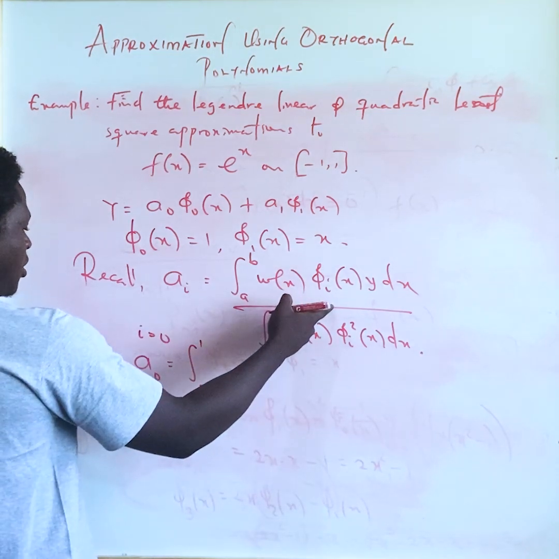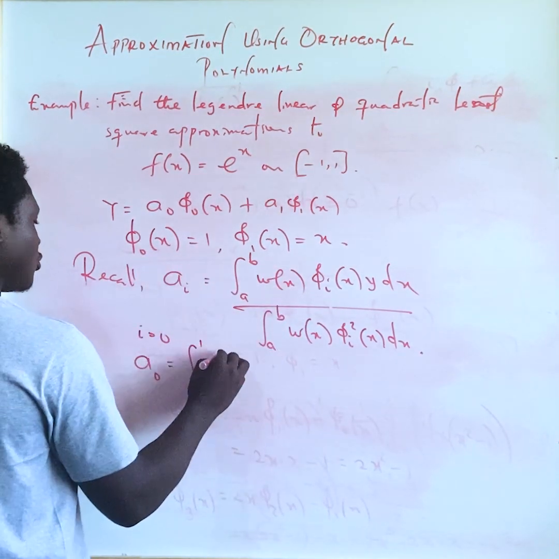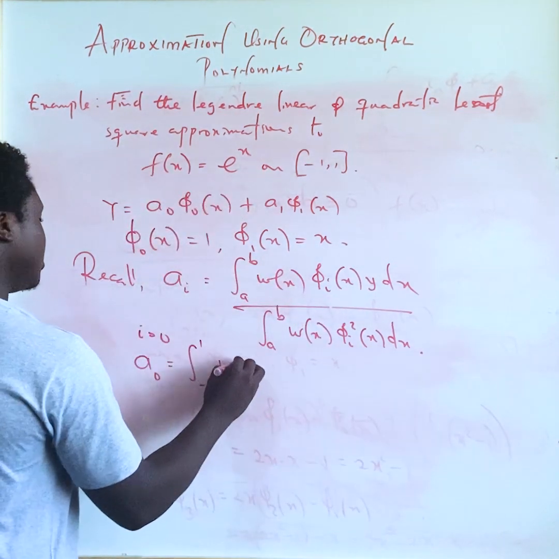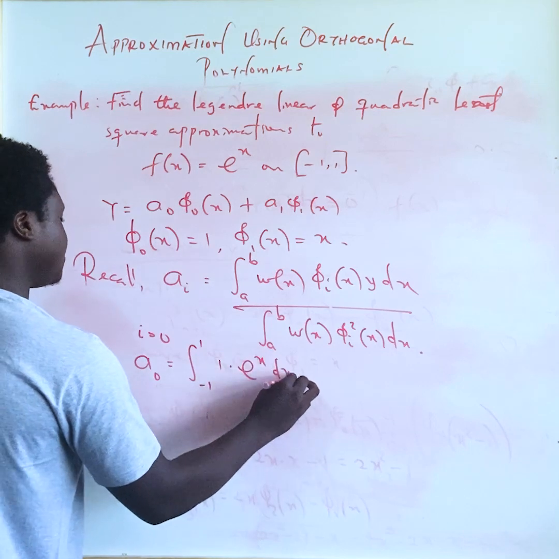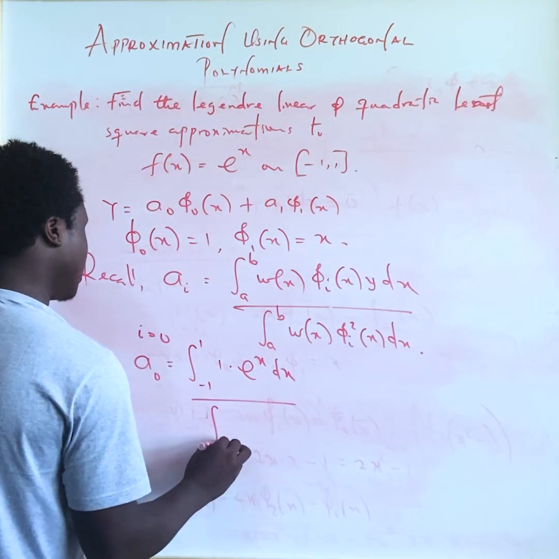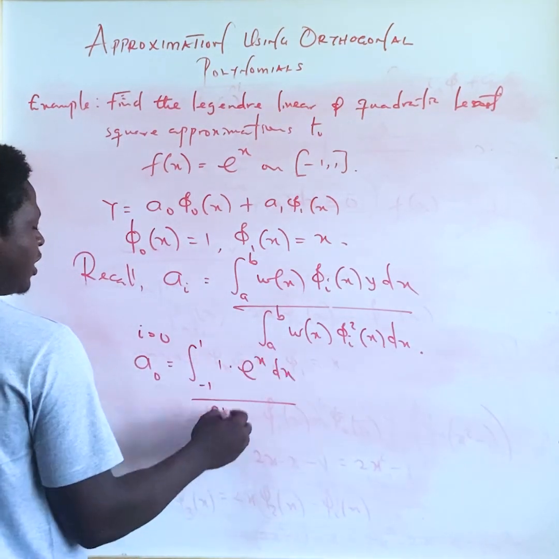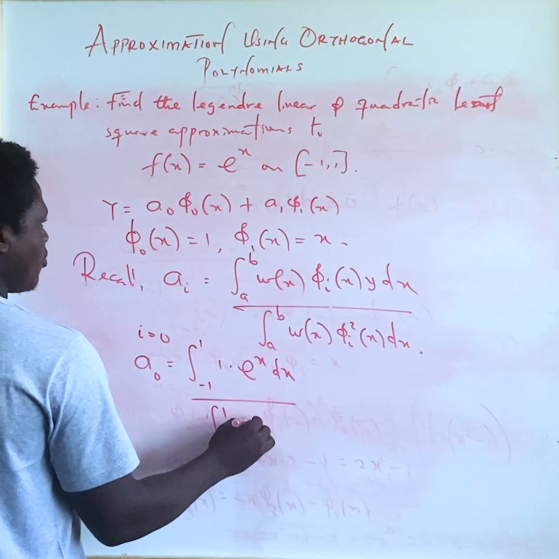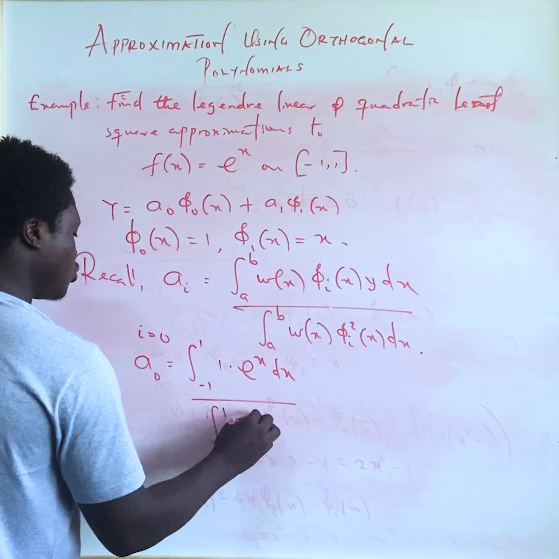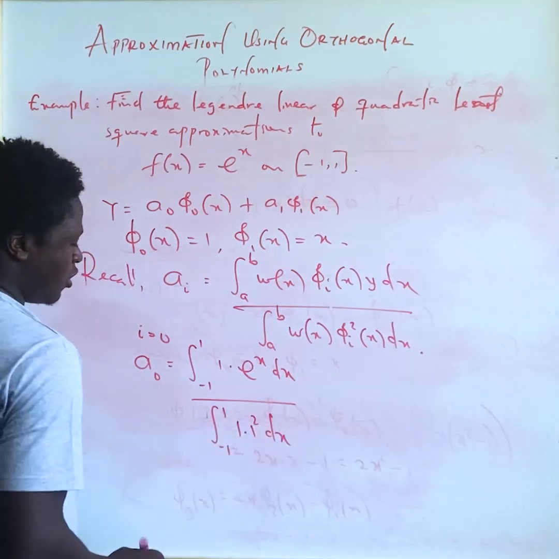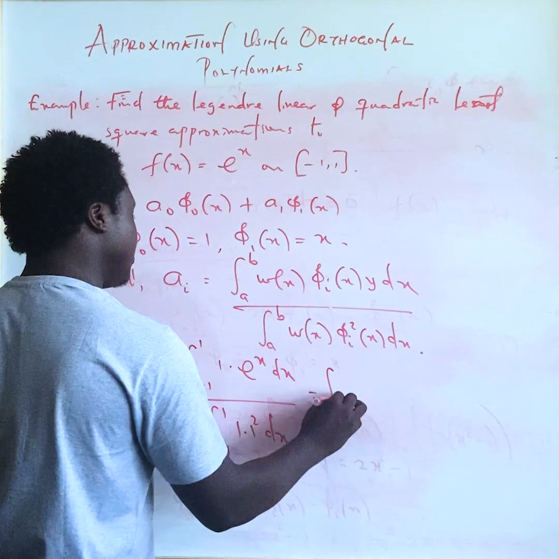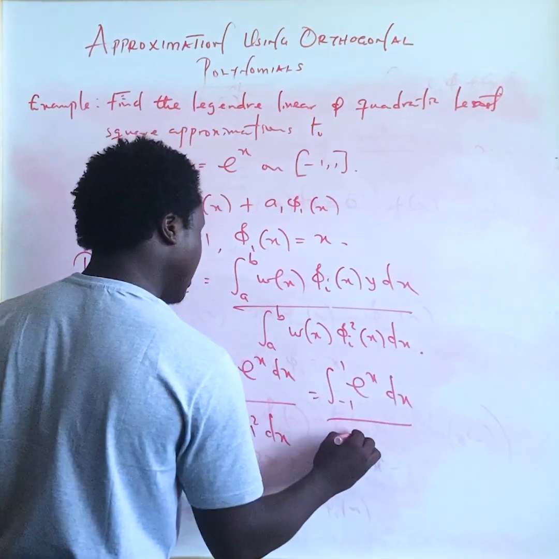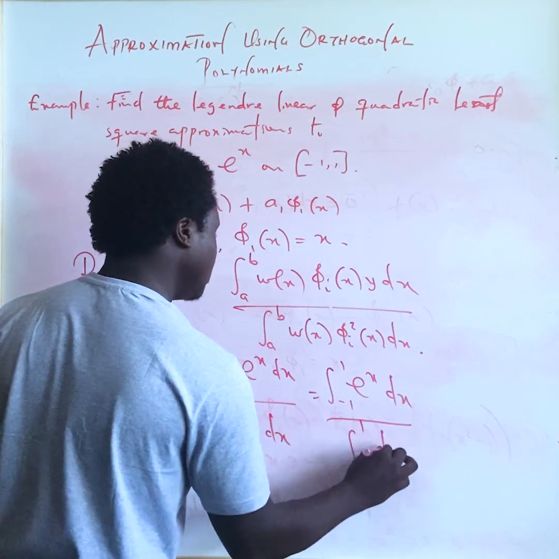Then phi i here becomes phi naught, so that is 1. 1 times our y here, which is our function, exponential x. So exponential x dx over the integral from minus 1 to 1. Weight function again is 1 times phi naught, we get 1 again, that's 1 squared dx. So we have all we need. This gives us the integral from minus 1 to 1 of exponential x dx over the integral from minus 1 to 1 of dx.